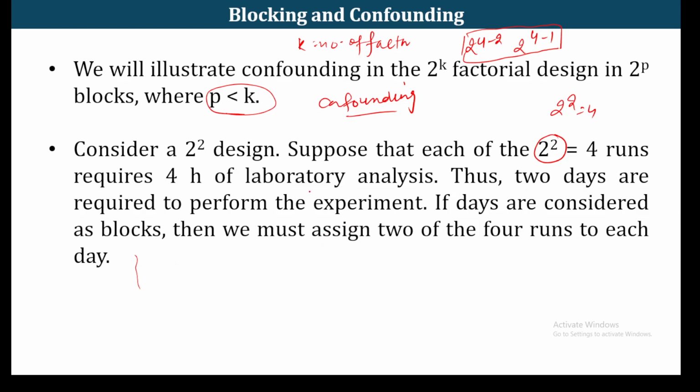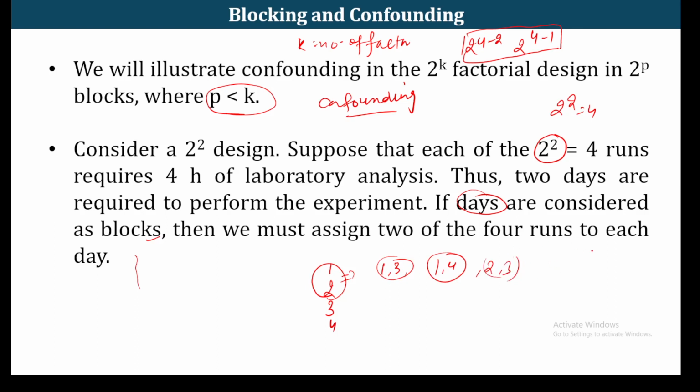Like we have run 1, run 2, run 3, run 4. So 2 runs, maybe 1 and 2, maybe 1 and 3, or maybe 1 and 4, maybe 2 and 3 also, whatever.